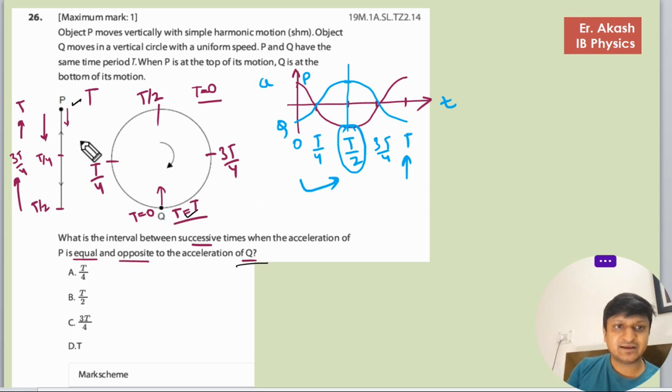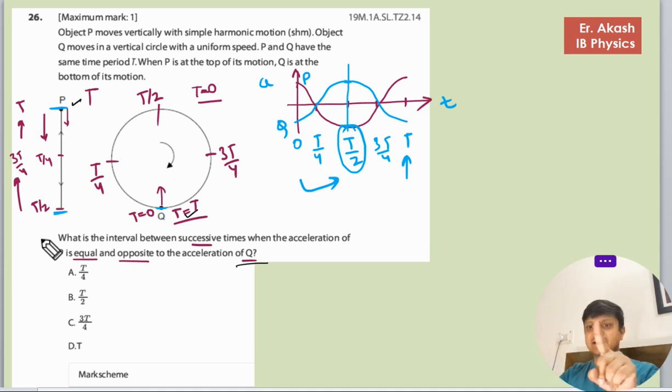If you see, acceleration will be maximum at this point, at the extreme points it will be the maximum and it will be the opposite. So both are going like this.